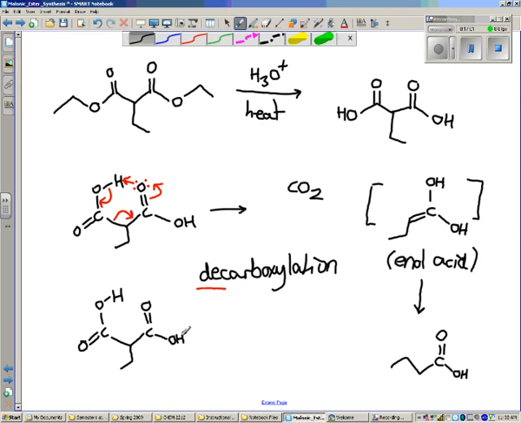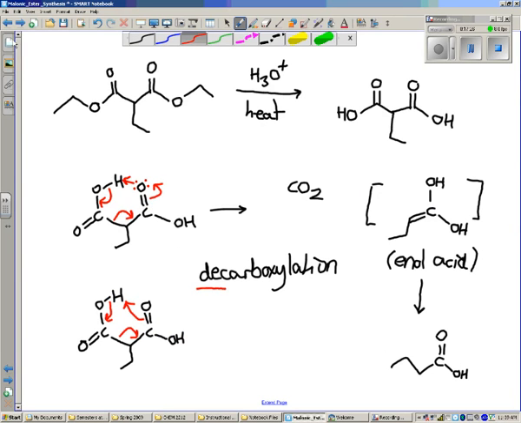The only issue with what the book shows is that it doesn't really show you that much. What it shows is the electrons from this bond grabbing that hydrogen, and that ends up on the oxygen. This bond breaks and goes down here, and this goes onto here. So these arrows and these show you the same thing. This gives you a little bit more detail, but that's just my personal preference.